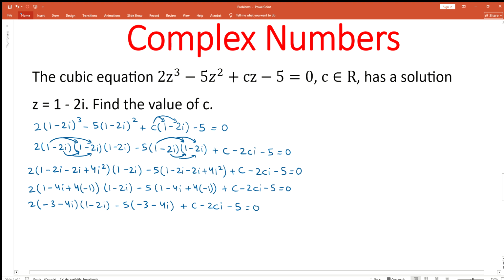Next, we can distribute the terms in the parentheses using the FOIL method. Next, we can distribute negative 5 into the parentheses.